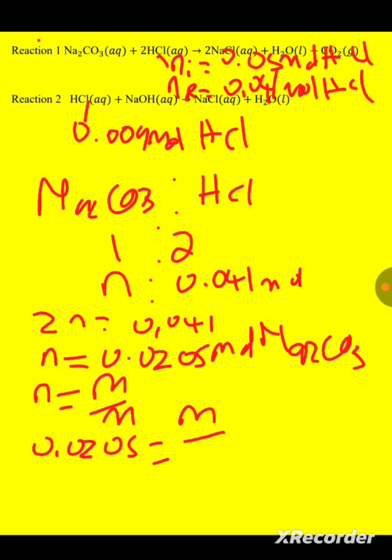If you calculate the molar mass of sodium carbonate, the answer that you will get is 106. Is the molar mass. 106 is the molar mass of sodium carbonate, this one.